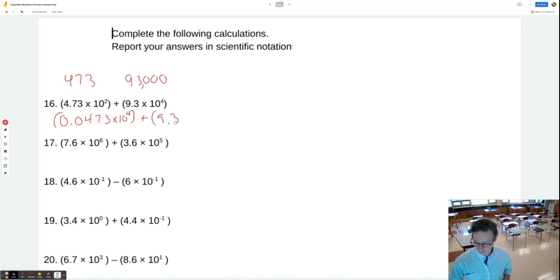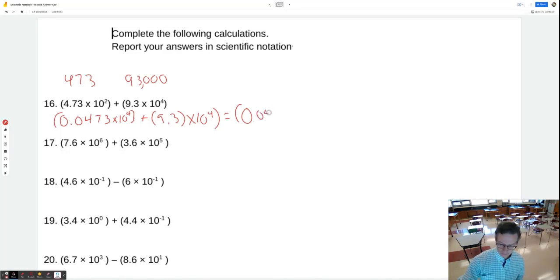Okay, plus 9.3 times 10 to the 4th. Now I can add the coefficients because the decimal place will line up properly if I were going to stack those and add them. And then it's times 10 to the 4th. Okay, the exponent stays the same.